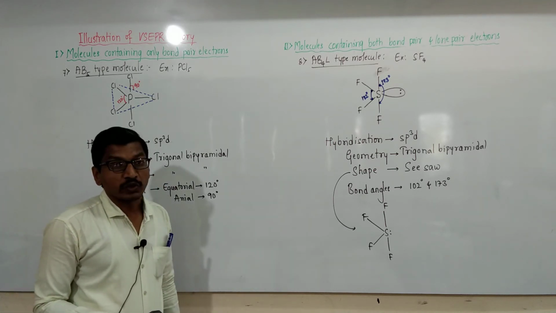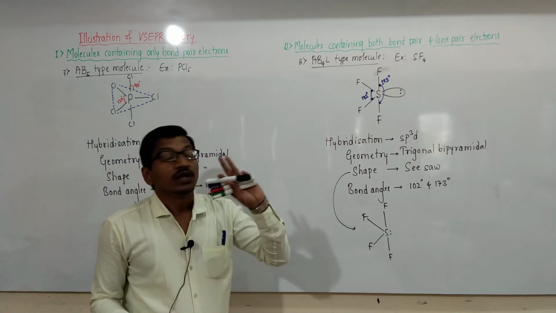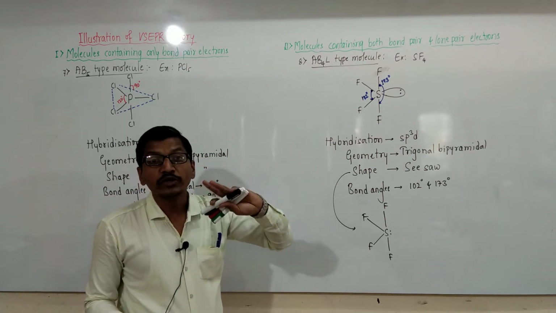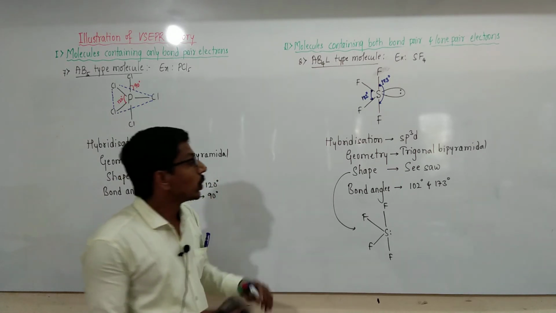Then the next example is the AB3L2 type of molecule, containing 3 bond pairs and 2 lone pairs.